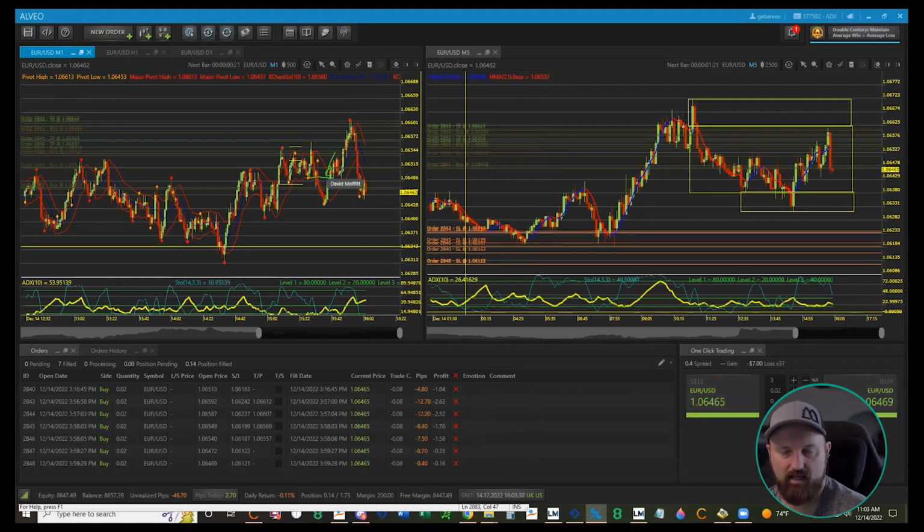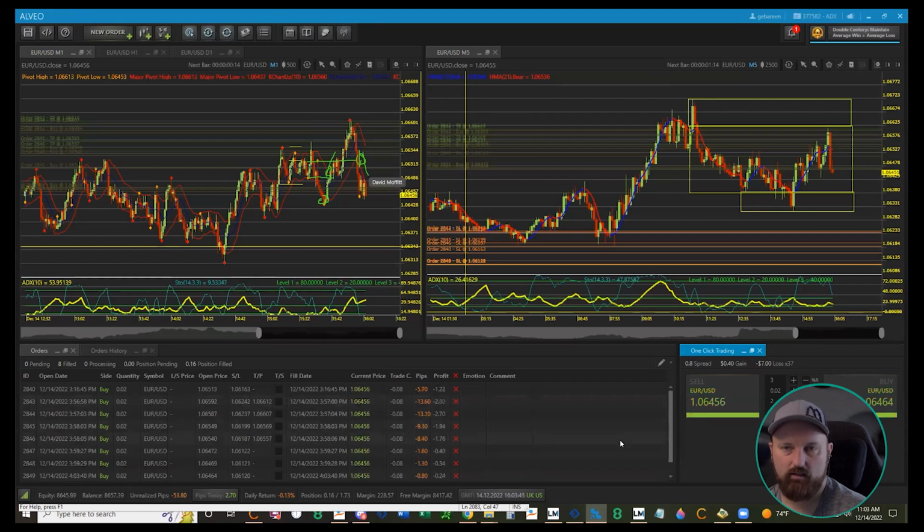It kind of just shot past that, right? And so you could have rode that from here all the way up to here, depending on the action point there. And so that's the nice thing about trading with 0 take profits.